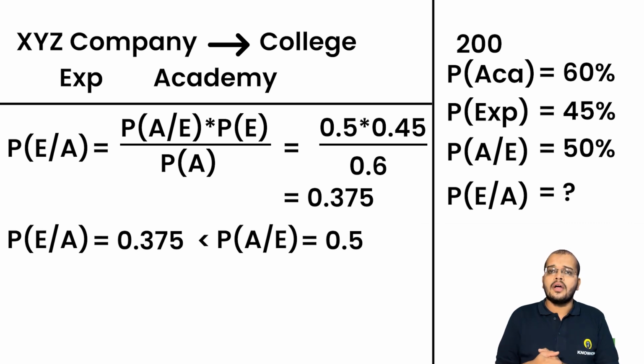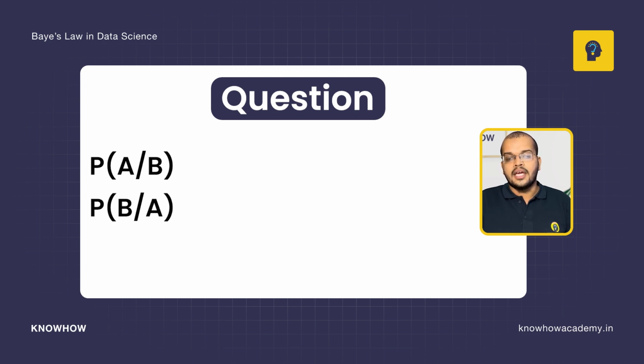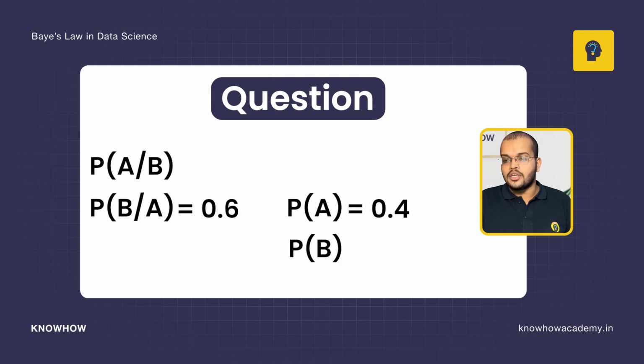All right, let me give you one interesting question, and let me see who can give the correct answer for this Bayes theorem. The question is very simple. You need to find the probability of A given B, knowing that the probability of B given A is 0.6, the probability of A is 0.4, and the probability of B is 0.3.